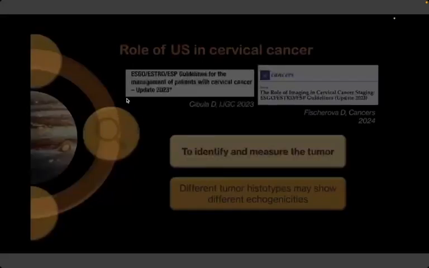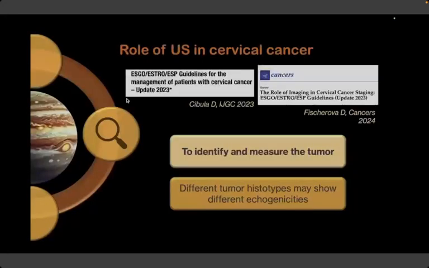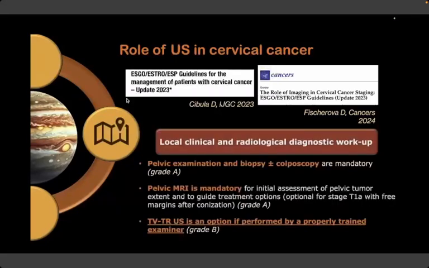When we examine cervical cancer using ultrasound, we will first identify and measure the tumor, and then we will proceed with local staging of the tumor. In accordance with ESGO recommendations, ultrasound performed by an experienced examiner is an alternative option to the MRI.